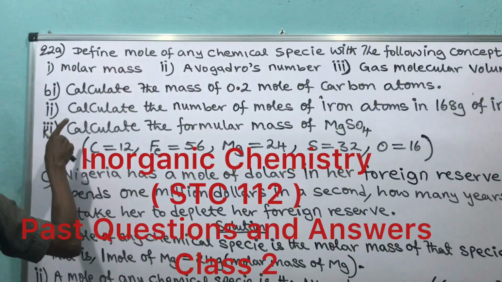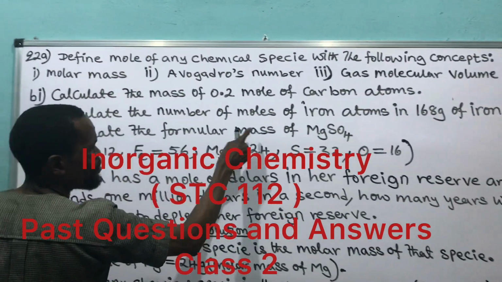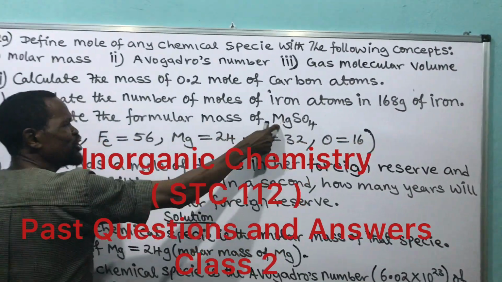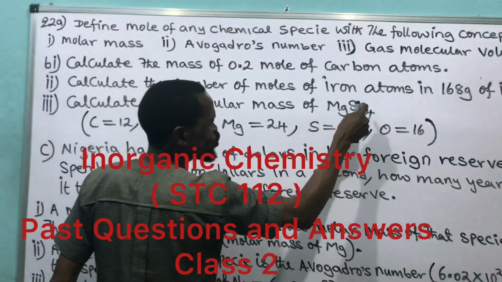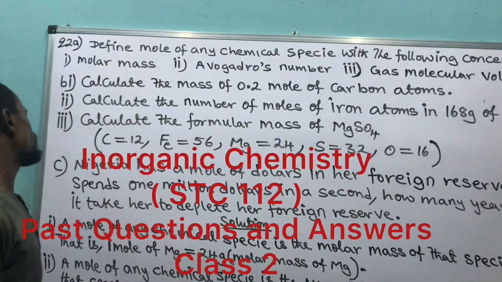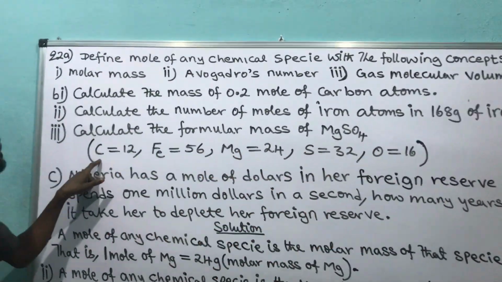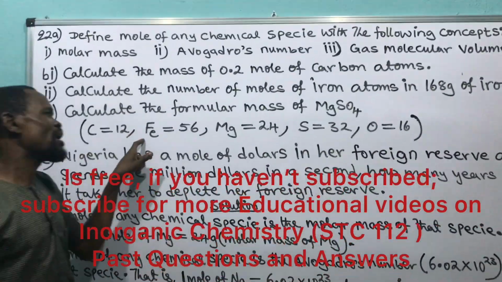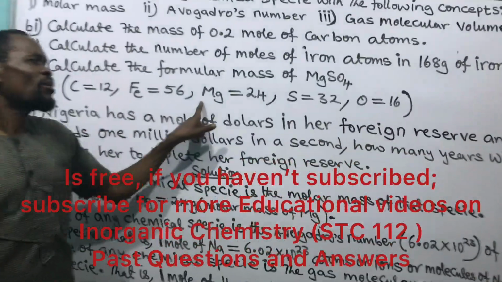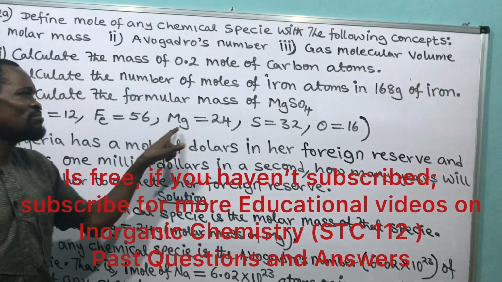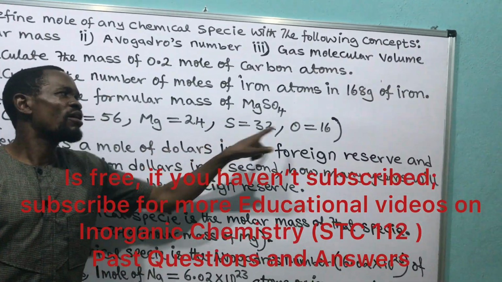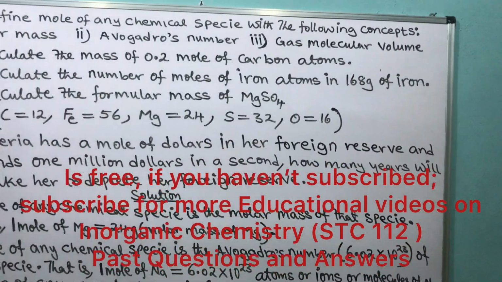III, calculate the formula mass of MgSO4. Then the molar mass of carbon, molar mass of iron, molar mass of magnesium, molar mass of sulfur, and molar mass of oxygen.